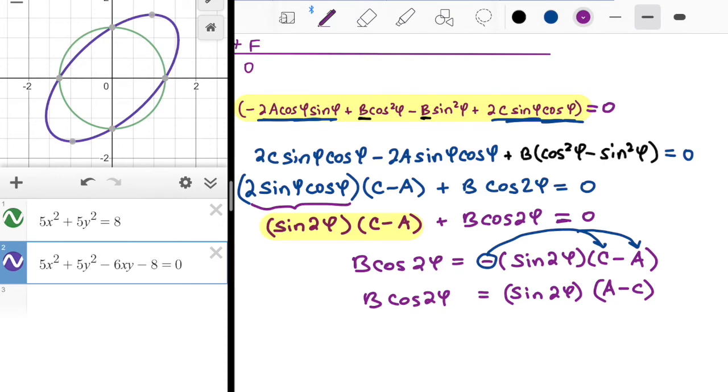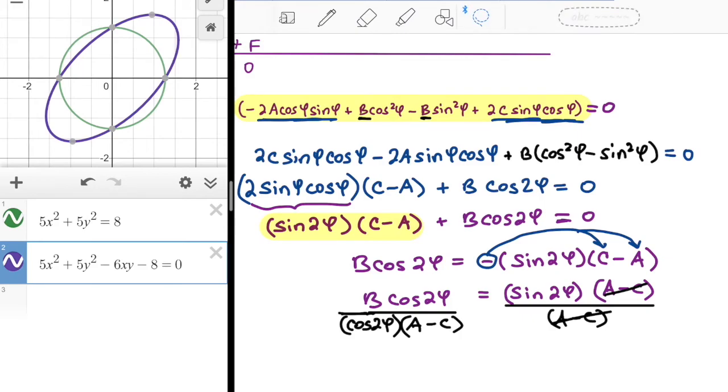So then what I can do is divide both sides of this equation. I want to get rid of that A minus C, so I can divide the left side by A minus C. It's going to cancel on the right side. And I want to bring the cosine of 2 phi over to where the sine of 2 phi is, so I'm going to divide that from both sides.